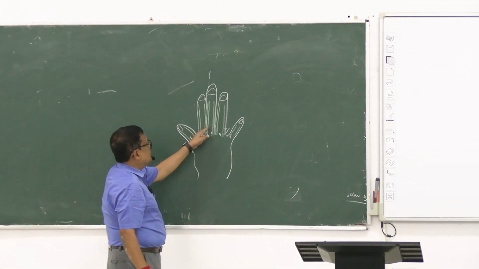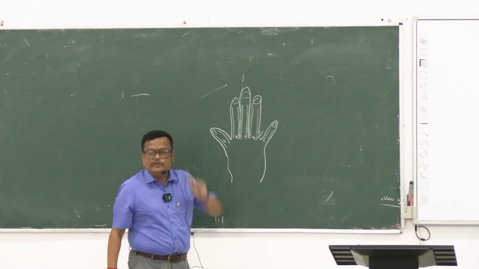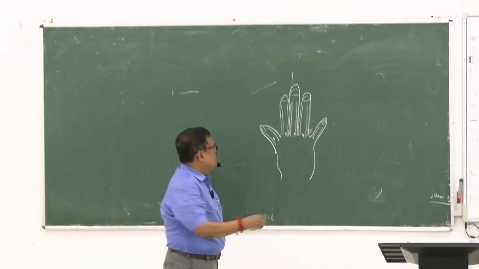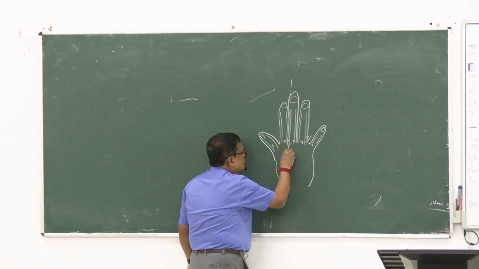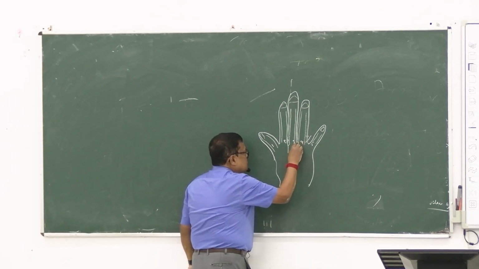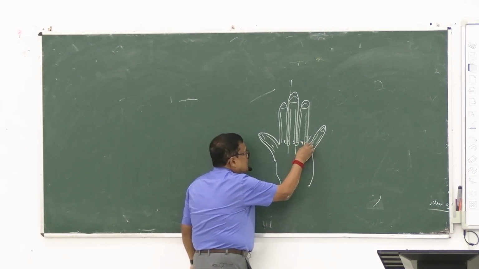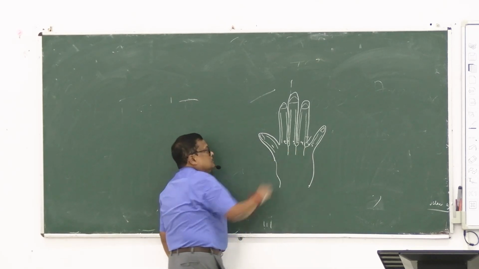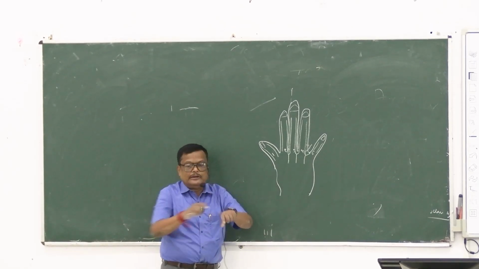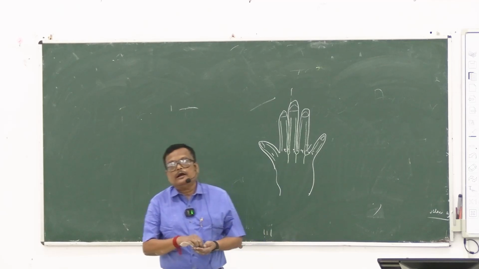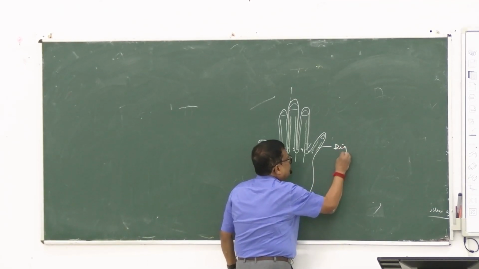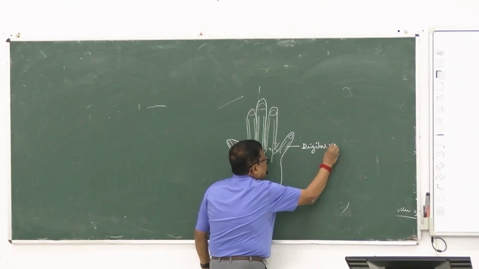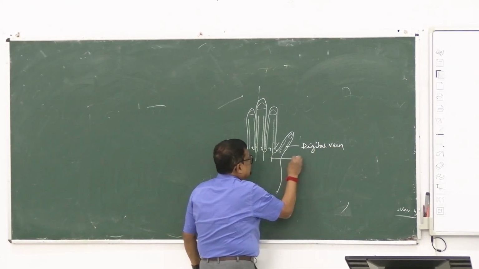2 for each finger. Now, the second and third digital veins join together to form a vein. Third and fourth join together to form a vein. Fourth and fifth join to form a vein. And as these veins lie on the metacarpal bones, we call them metacarpal veins. This is the digital vein, and this is the metacarpal vein.